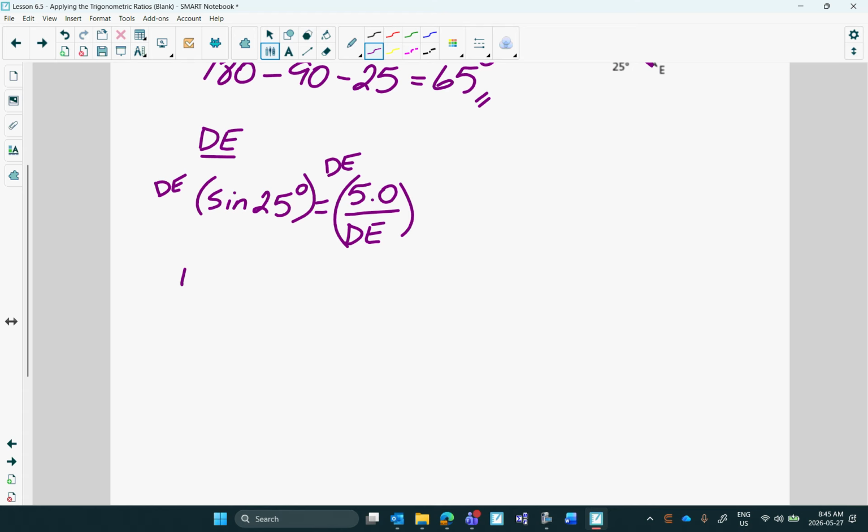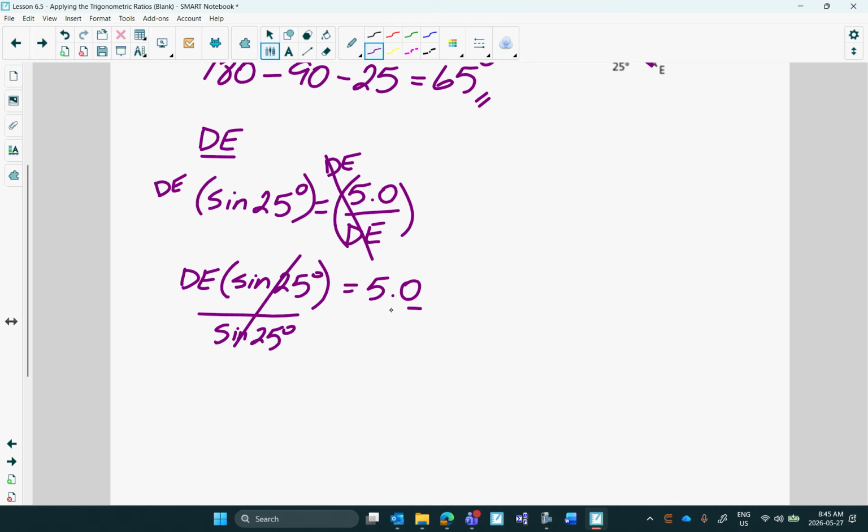So I'm left with DE times sine 25, you don't need the parentheses, those DEs cancel, equals 5. Still don't have DE by itself. Divide by sine 25. So now to find DE using my calculator, I have to divide 5 by sine 25.